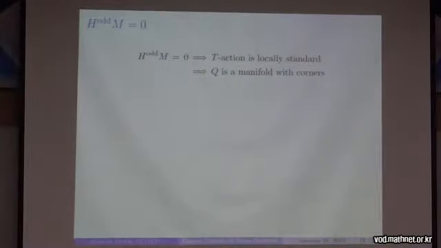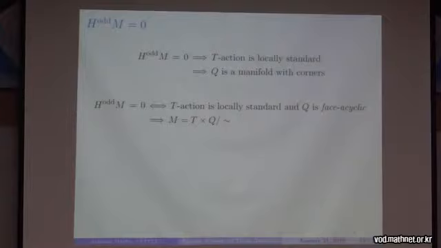Okay, so as most of you know, this condition that the odd degree cohomology of some of these manifolds vanishes is a very strong condition. We know for torus manifolds that if the odd degree cohomology of the manifold does vanish, then this will imply that the action is locally standard, and so our quotient space will therefore be a manifold with corners.